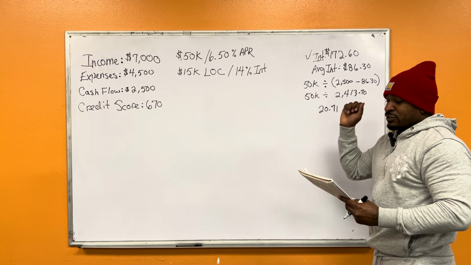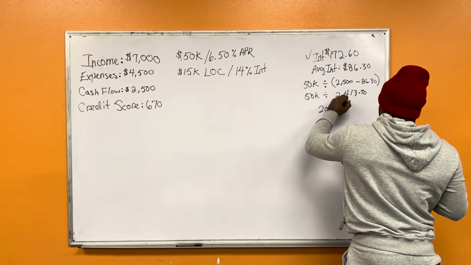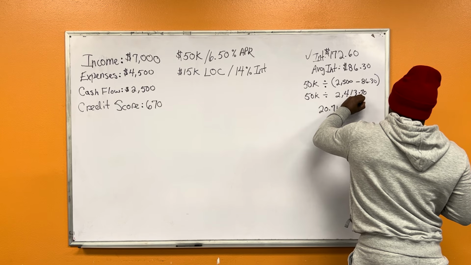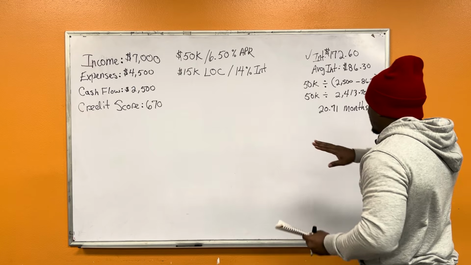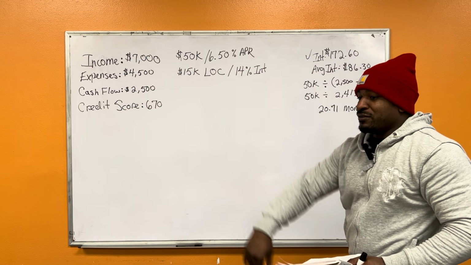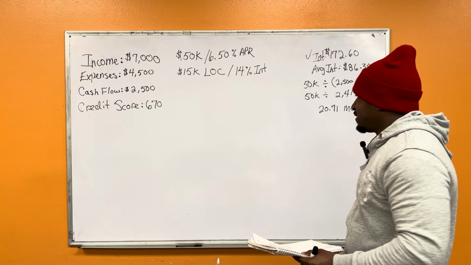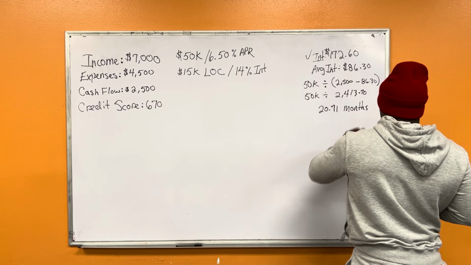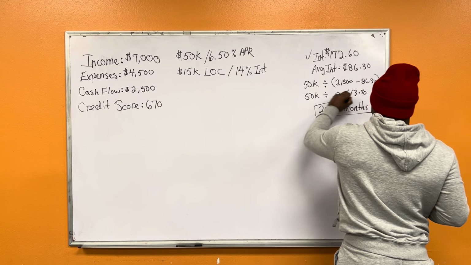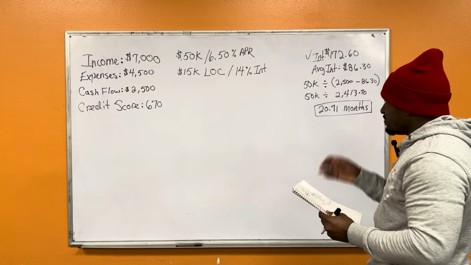So to completely pay off this debt, it's going to take 20.71 months. So I'm already giving you the end before the beginning. That's what we're looking at for time of payoff.